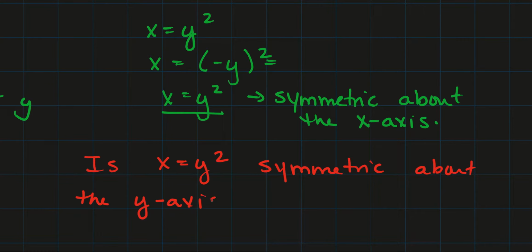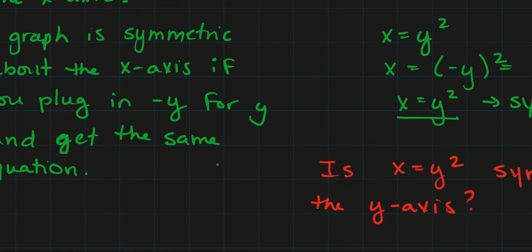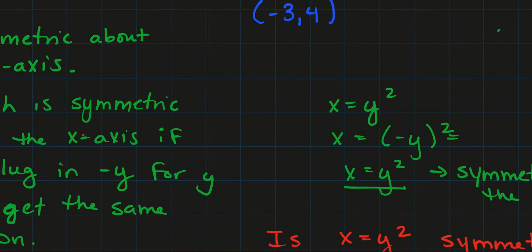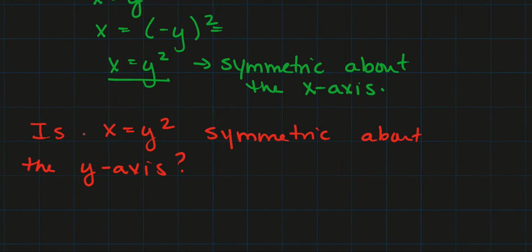Well, from the picture, we don't have the same thing over here. So visually it is not symmetric about the y-axis, but we can also tell by looking at the equation.